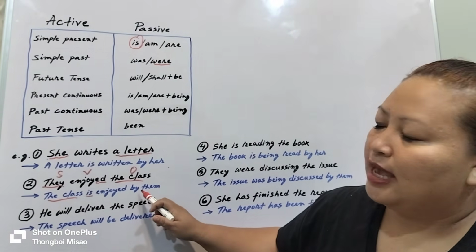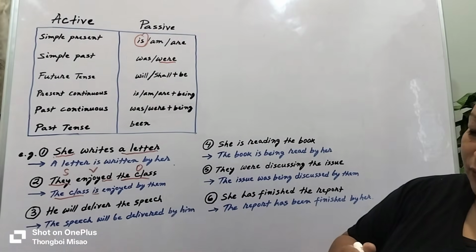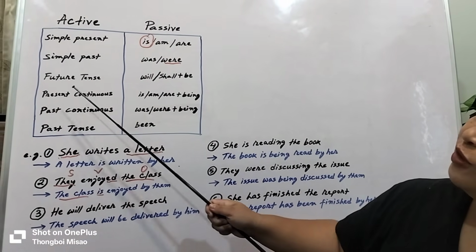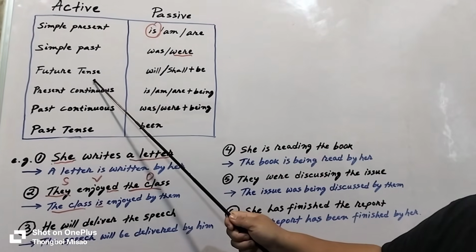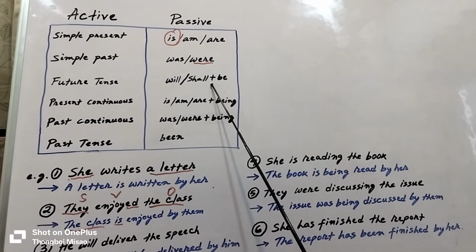Now the future tense. In active voice, future tense uses will or shall. In passive voice it is will or shall plus be.